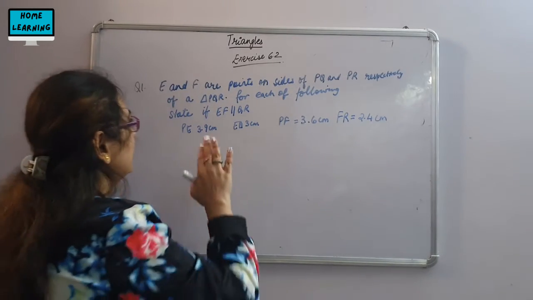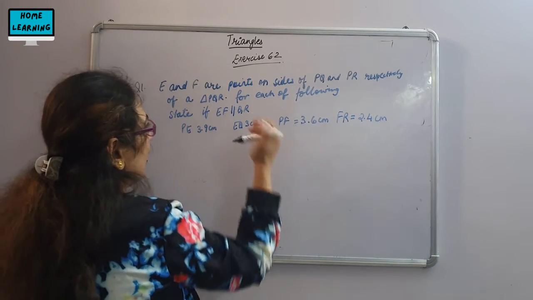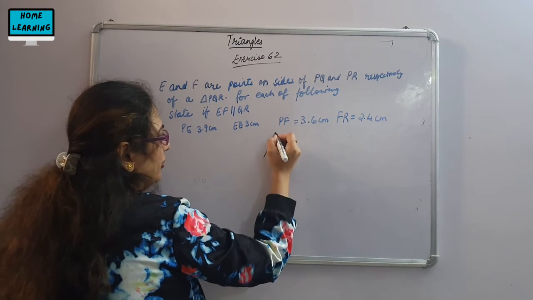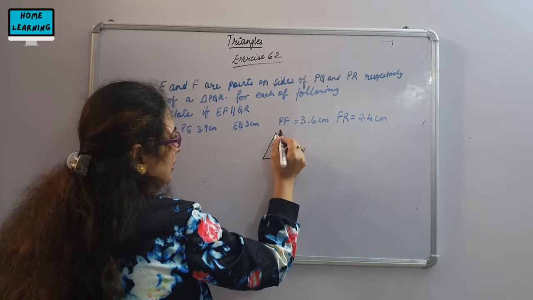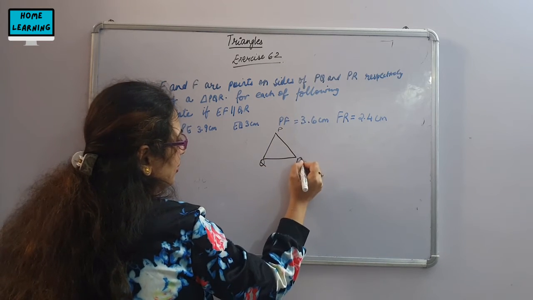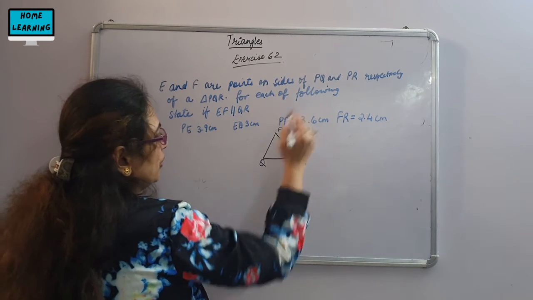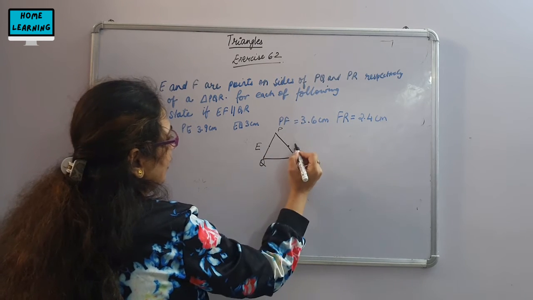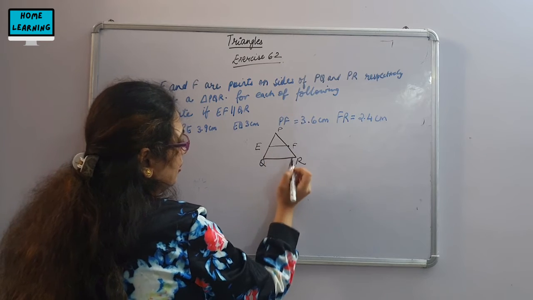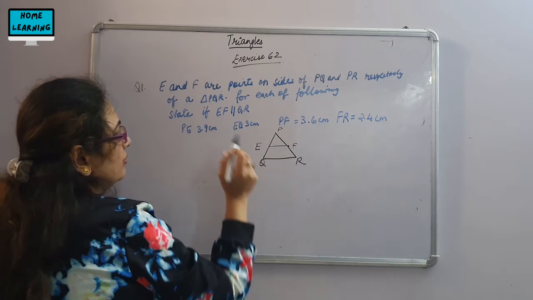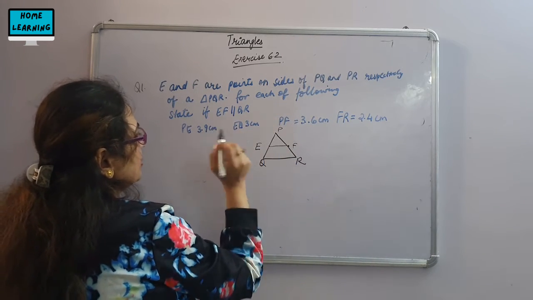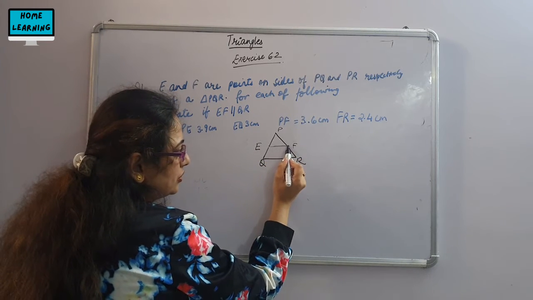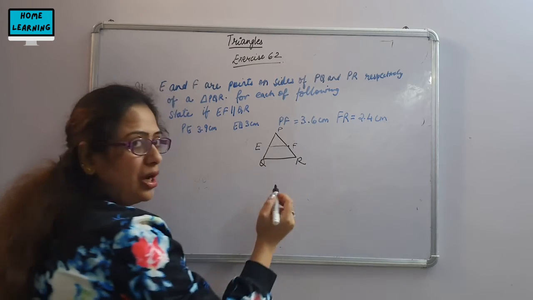Now the question is the other way around. It says E and F are points on sides PQ and PR respectively of a triangle PQR. There is a triangle PQR and PQ and PR have two points E and F. We have to state whether this drawn line EF is parallel to QR or not.